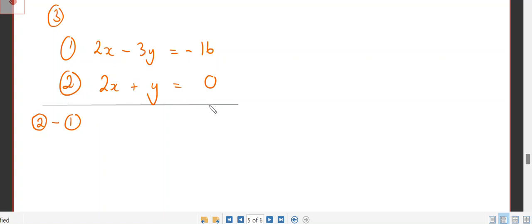Why am I doing it that way around? Well, I'm actually subtracting a negative from a positive. So I'm going to have 2x subtract 2x is nothing, so I don't need to worry about that. Right, that's gone. That's the elimination done. In this block, I've got positive y subtract negative 3y.